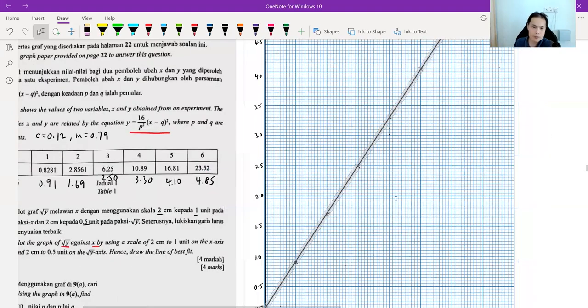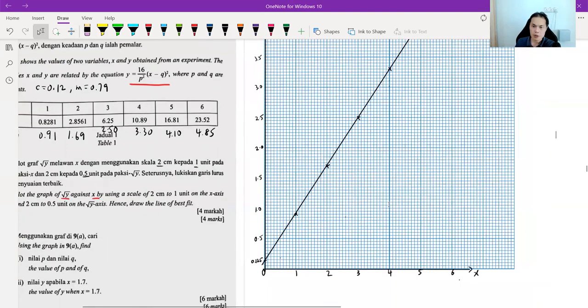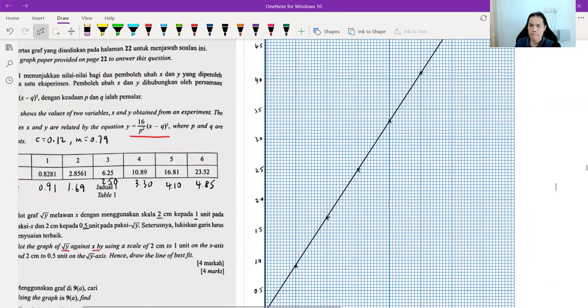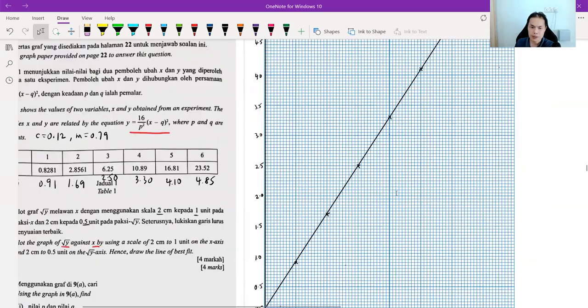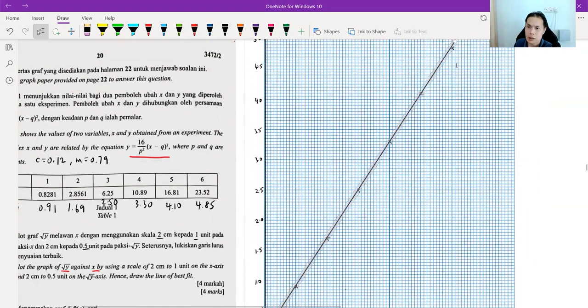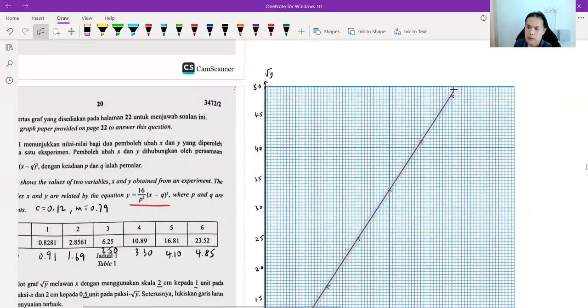Now I can see one point is below, the second point is below, the third point... maybe I should just move it down a little bit, one more time. Okay, right, slightly below. Doesn't make a lot of difference, but it's probably a little bit better.